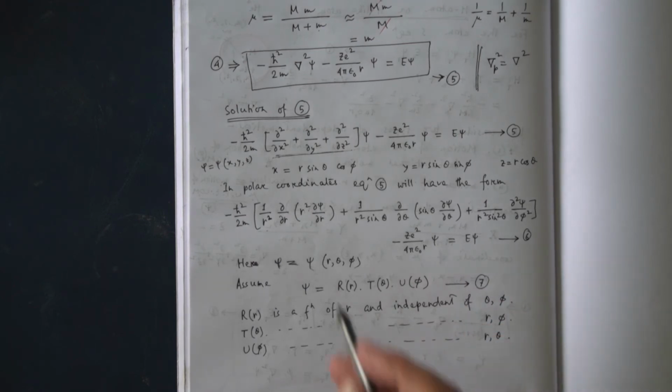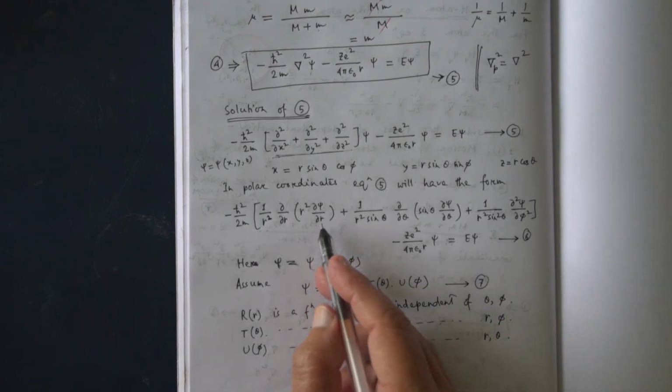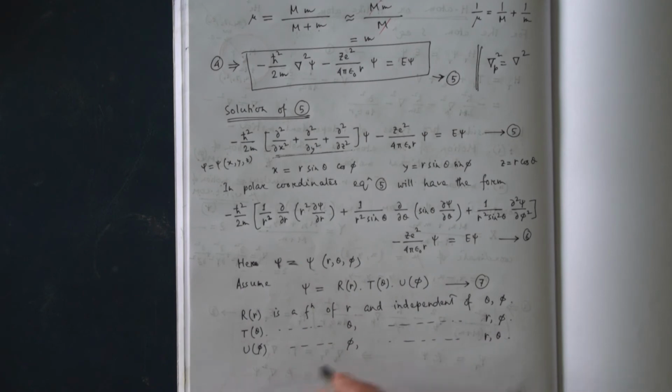Now here we have del psi del r. From 7 we are differentiating with respect to r. So T and U will be constant. So what we get?